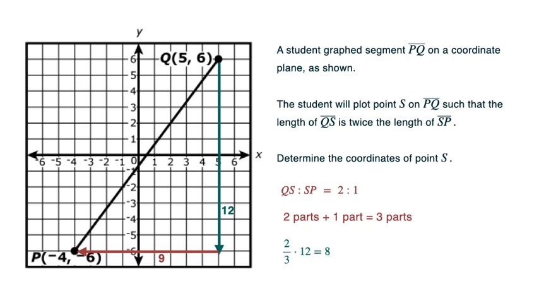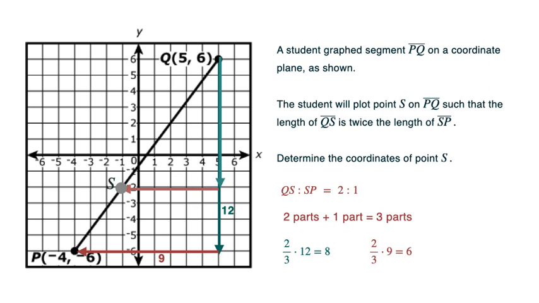And how far over do we go? 2/3 of the horizontal distance of 9 is 6. So starting at point Q, we're going to go down 8 units and over 6 units, and our point S is going to have coordinates -1, -2.